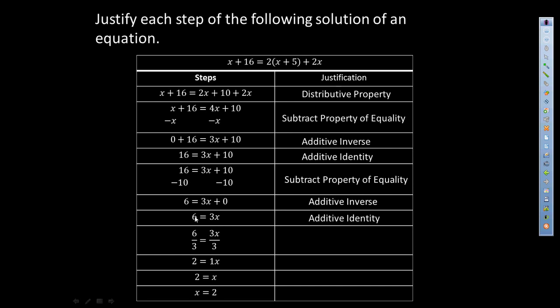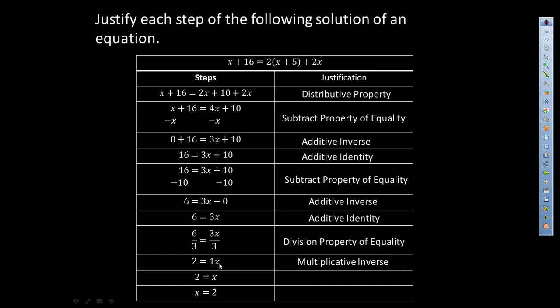Now, we know that 6 is equal to 3x. To find the value of a single x, we just divide both sides into 3 groups. Dividing by 3 on both sides is an example of the division property of equality. 3 divided by 3 is 1. Dividing by 3 is the same thing as multiplying by a third. 3 and 1/3 are multiplicative inverses of one another. Their product is 1. That's where the 1 comes from.